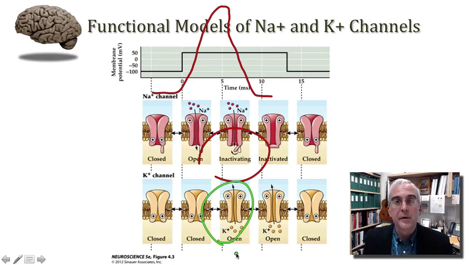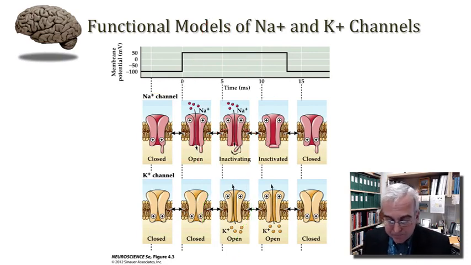Now, at about this time, our potassium channels are opening up more consistently. That is, the probability of channel opening is greater, and more potassium channels are in fact in the open configuration, allowing for potassium to flow out of the neuron, thus contributing to repolarization and eventually the undershoot of membrane potential. Now notice the cytoplasmic surface of this potassium channel.